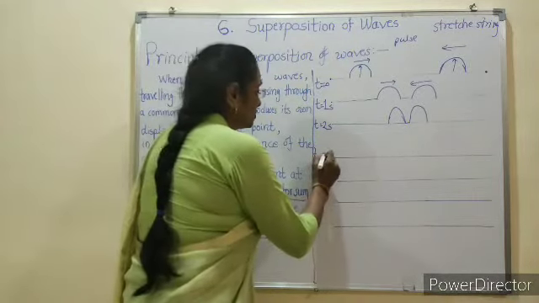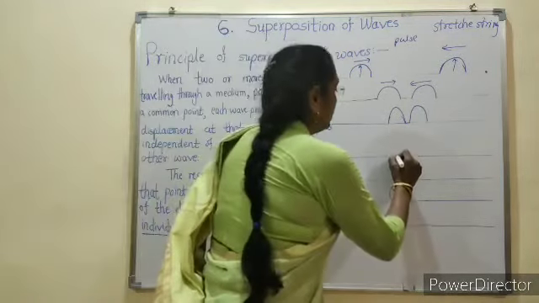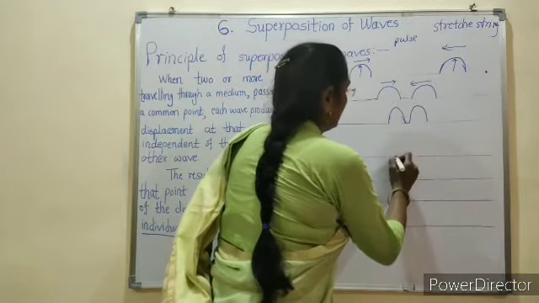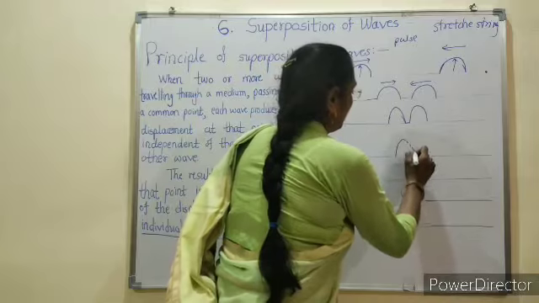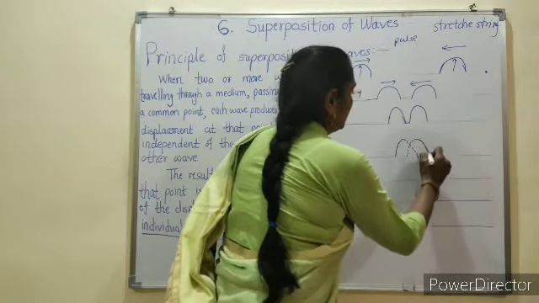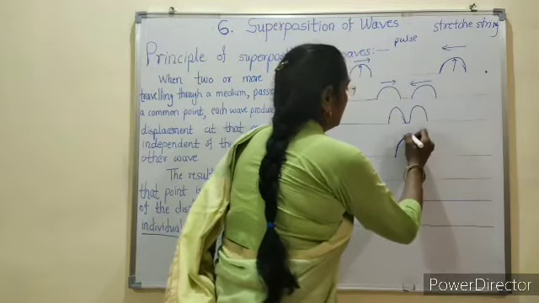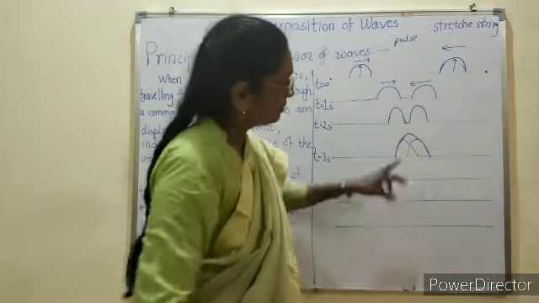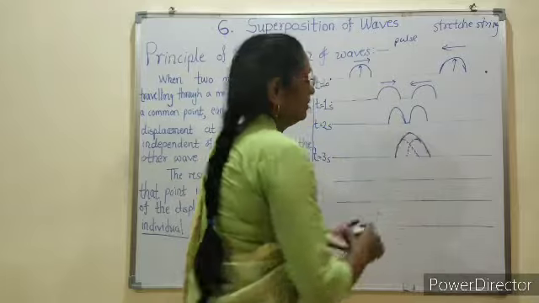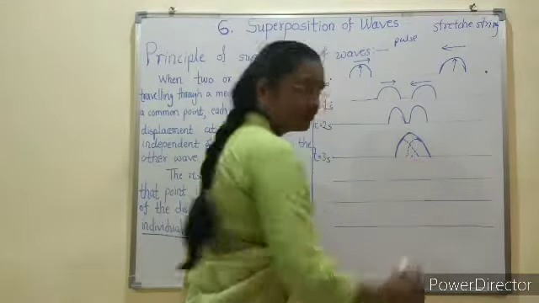Now, in the next time instant, say t equal to 3 seconds, they overlap. Here there is overlapping of the two pulses, and the result we observe is that there is maximum displacement at this point.